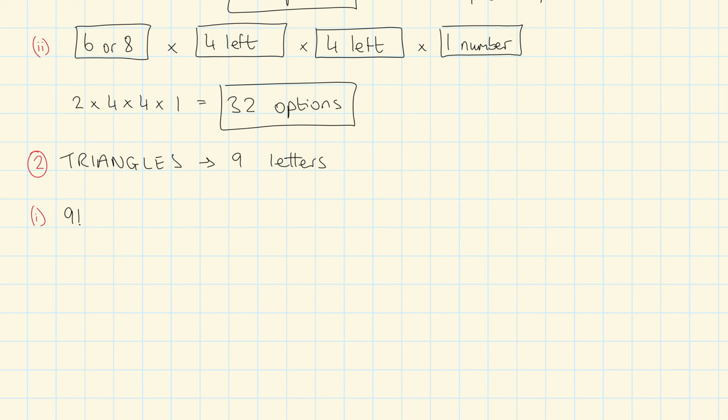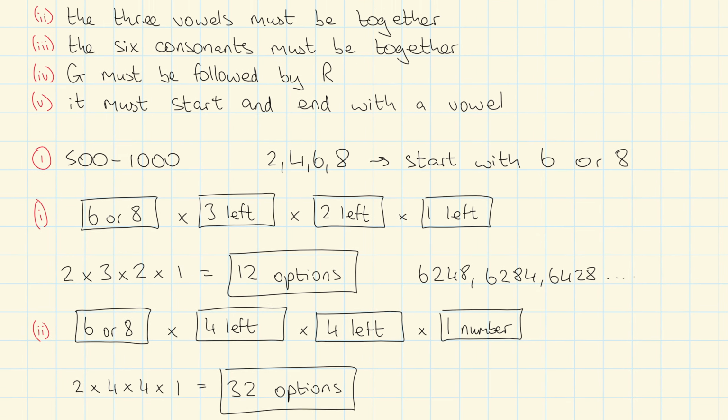So into our calculators, no point working this out manually. 9 factorial will give us back 362,880 words. So this type of question, we wouldn't work it out manually. It's all going to be answered using permutations.